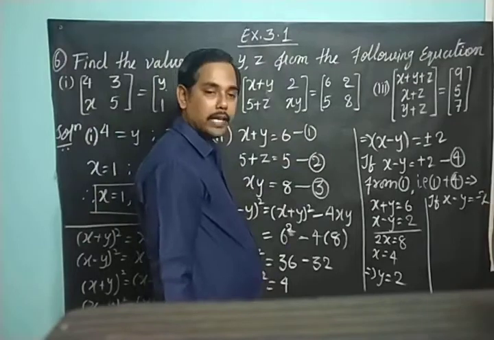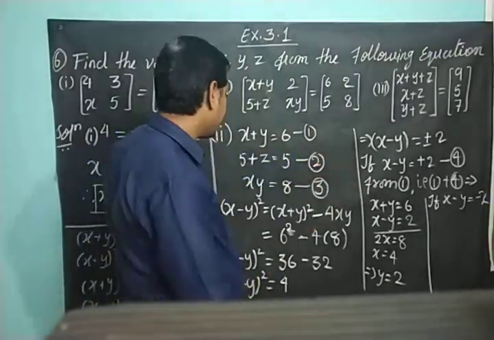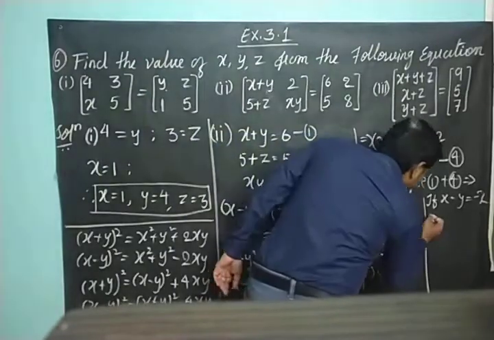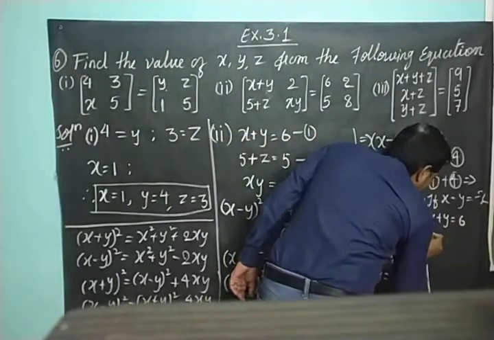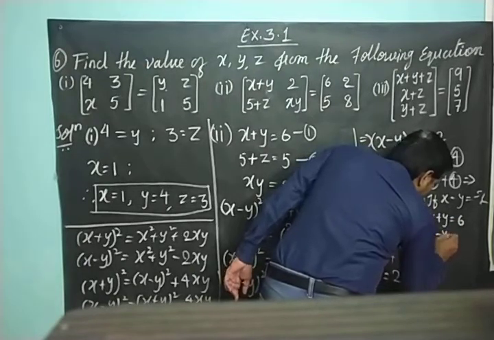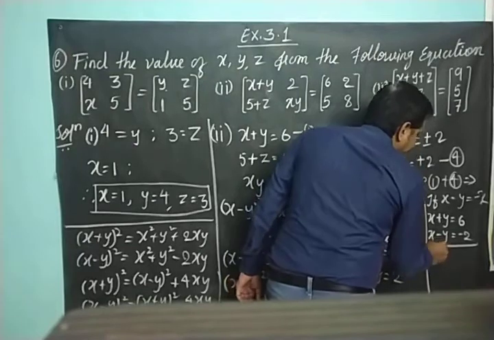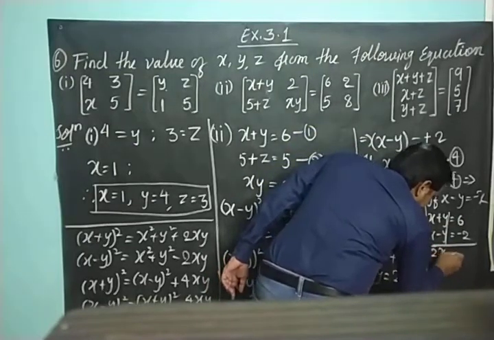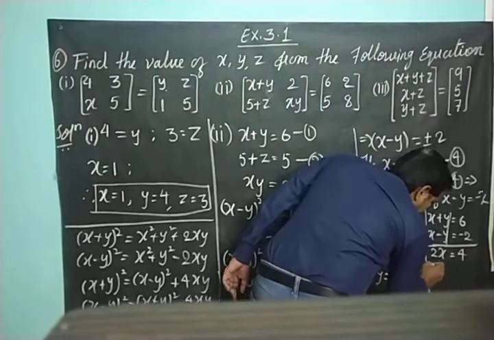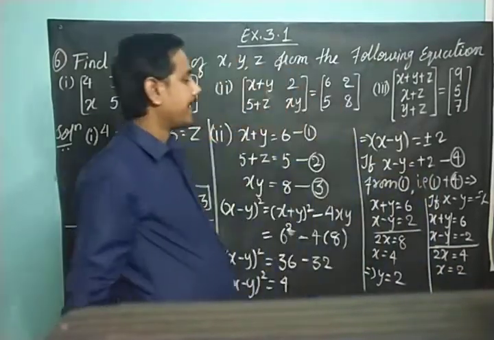Making use of equation 1 and that equation in the same way as we have done here, what will I get? X plus y is equal to 6, x minus y is equal to minus 2. So adding them, this cancels. 2x is equal to 4, x is equal to 2. X will be equal to 2.